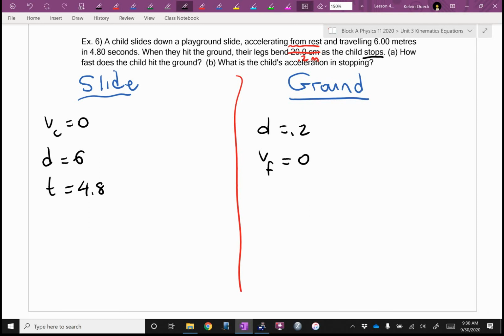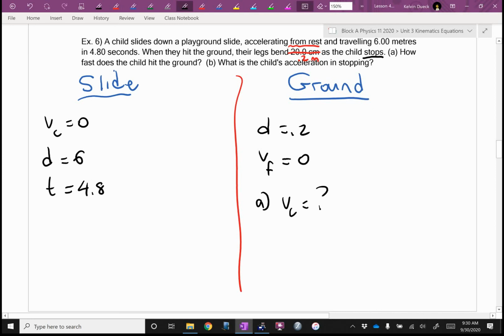What's A want me to find, Alessio? Hit the ground, you say. So I think I'm over here. So over here, what's it asking me to find? How fast means velocity, initial or final. A wants me to find that. Yeah, we put all that together?